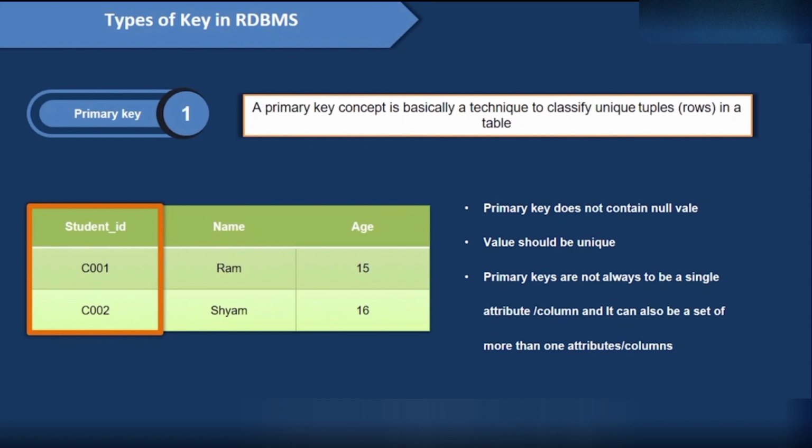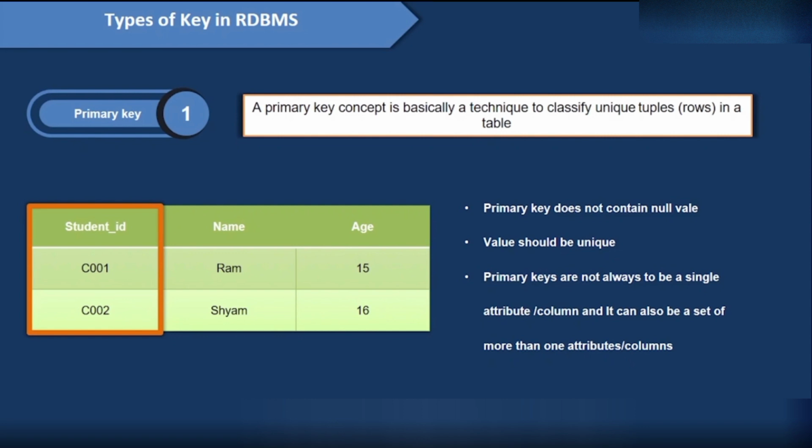If you look at the table more closely, you can see the name can be repeated, right? Age can be the same for 2 persons. But what cannot be the same for 2 persons? What can make your data more unique? In that case, student ID cannot be the same. So we are going to take student ID as a primary key, right?